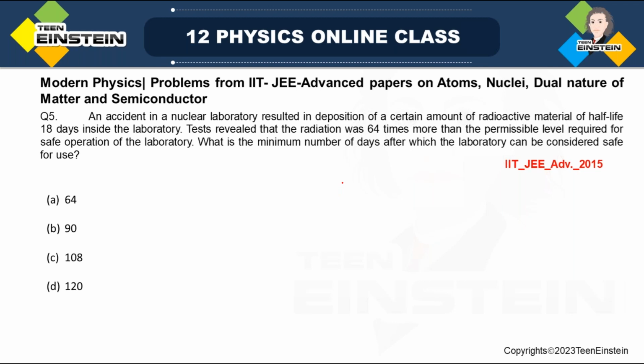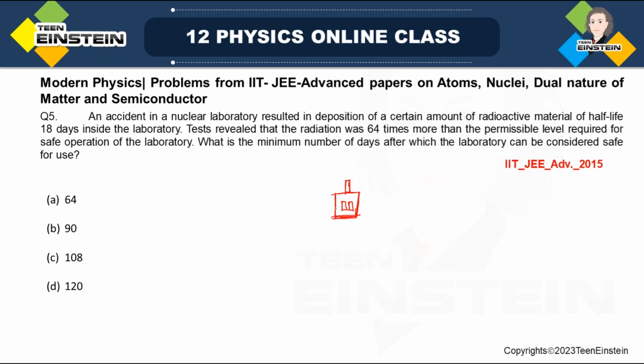So generally when we are in the nuclear laboratory, there will be a small machine which will be given to each and every worker, each and every scientist, like a badge, to see the count per second.